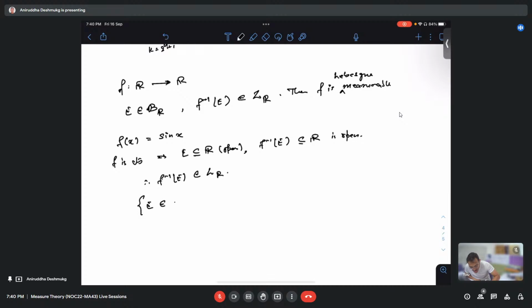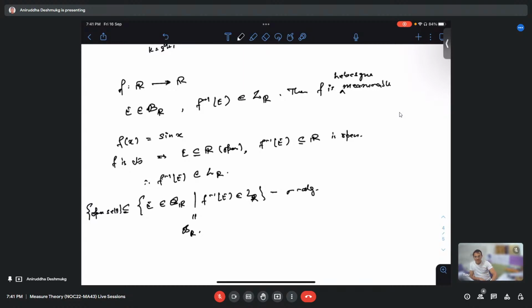Let us look at all those Borel sets such that f inverse E is inside L(R). This itself is a sigma algebra, and this contains the set of all open sets. So this must be equal to all of B(R), right?